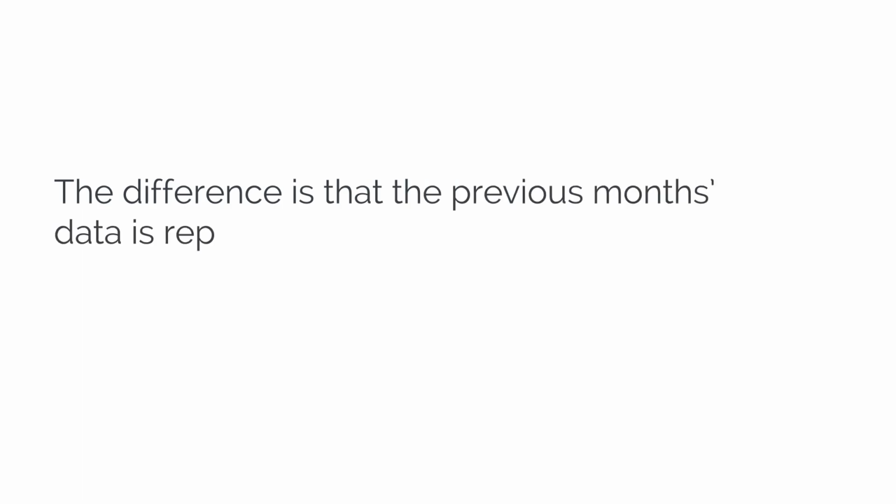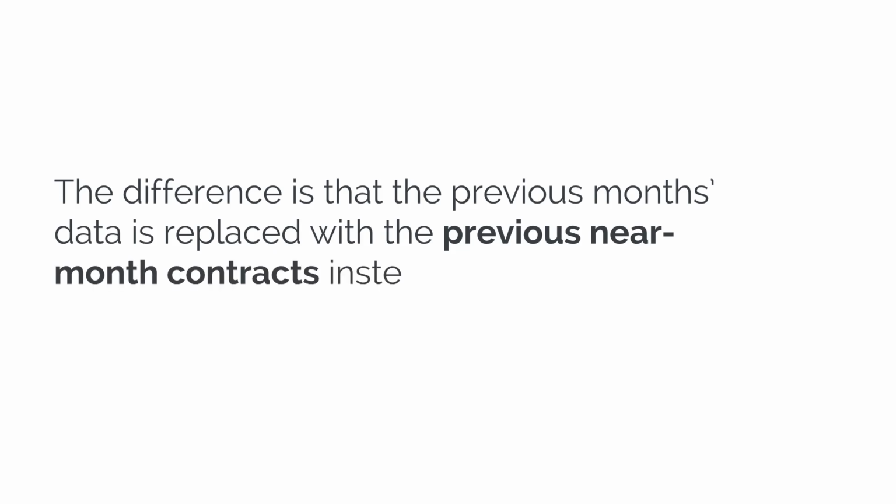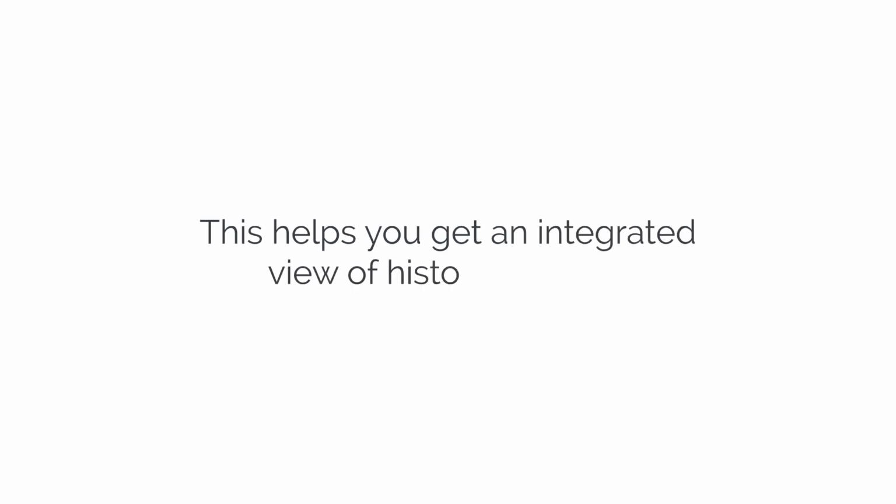But the difference is that the previous month's data is replaced with the previous near month contracts instead of the same series. This helps you get an integrated view of historical charts. Ours is the best known trading platform for this feature.